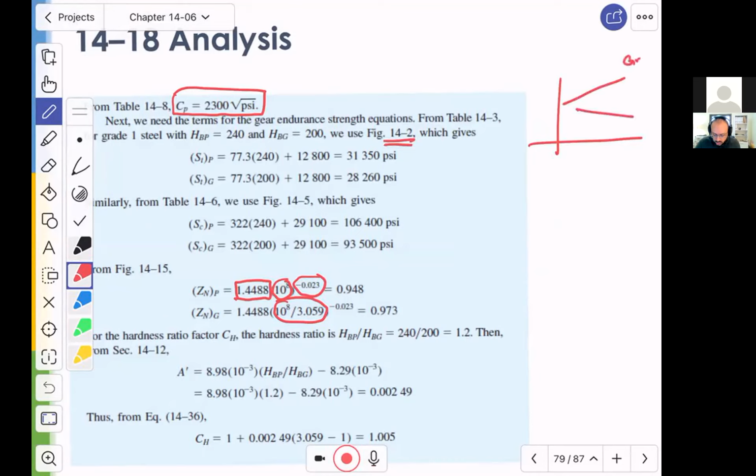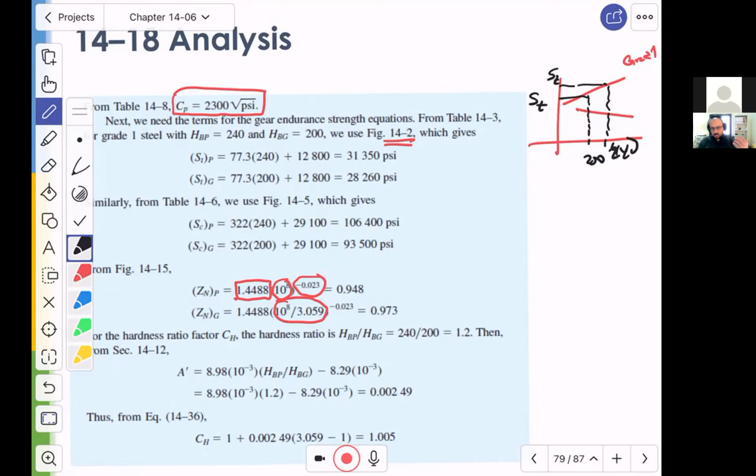So for grade 1, all I need to do is to look for hardness of 200, and then I get St for the gear. And then I go for hardness of 240, and then I get St for the pinion. And this is exactly what we did.